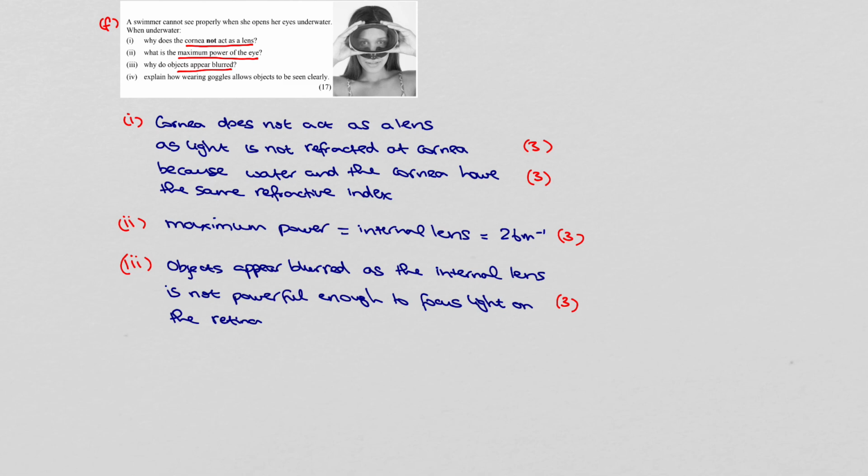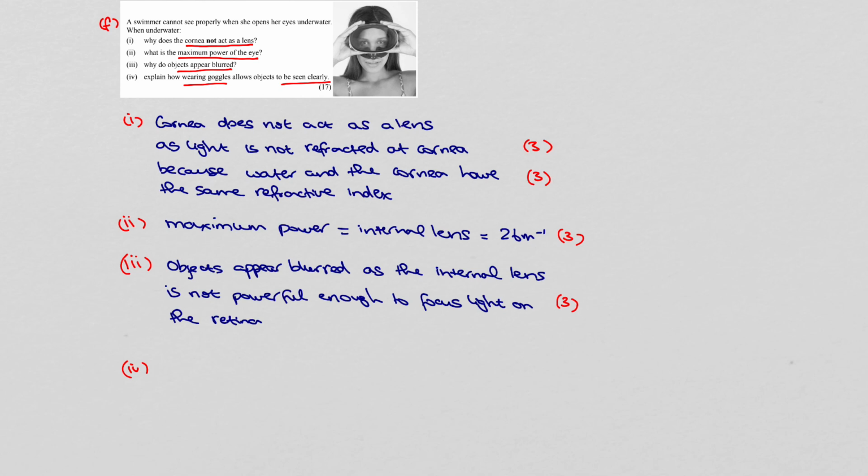And the last part of the question says, explain how wearing goggles allows you to see the objects clearly. So obviously if we have goggles on, what's going to make a difference is that there's now going to be light passing through water and then passing through the lens part of the goggles, but then of course there's air.